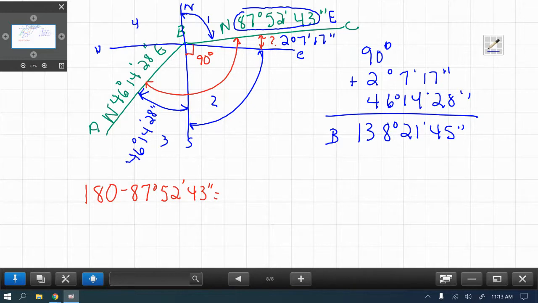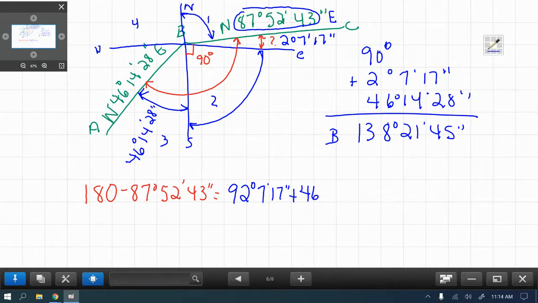I'll do 180 minus. If you solve it the way I solved it, or was thinking you could, I took 180 minus my top angle, left me with what's left over, and then I just add the 46.